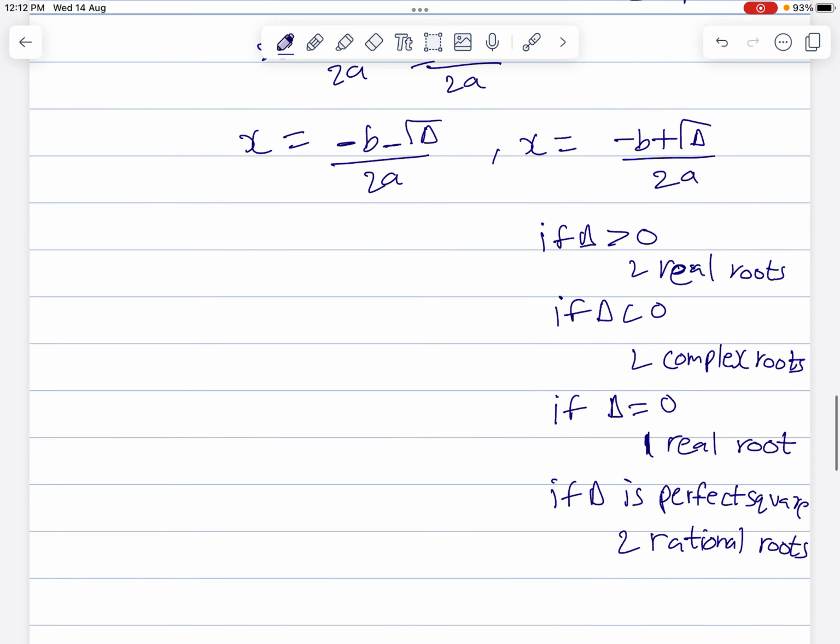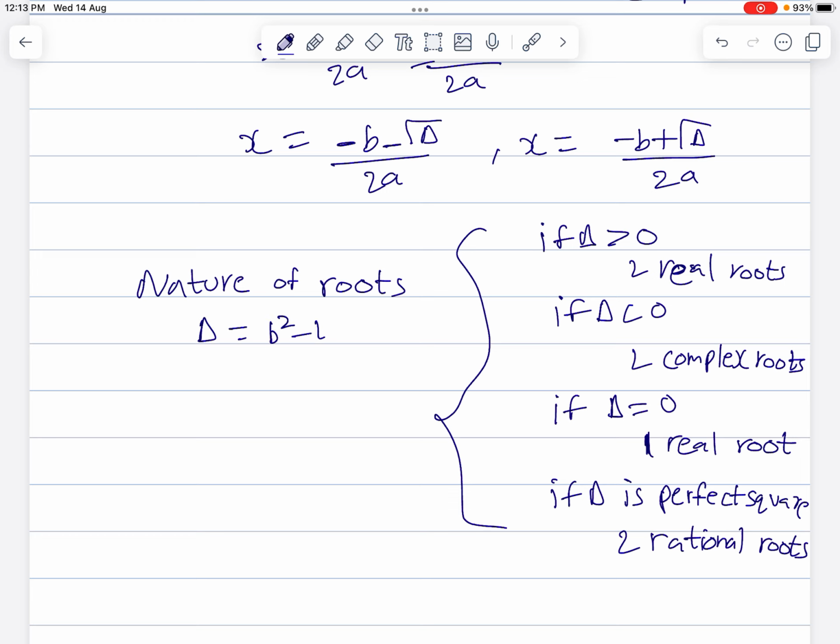So always, to find the nature of roots, find delta equal to b square minus 4ac, and based on that you can tell.